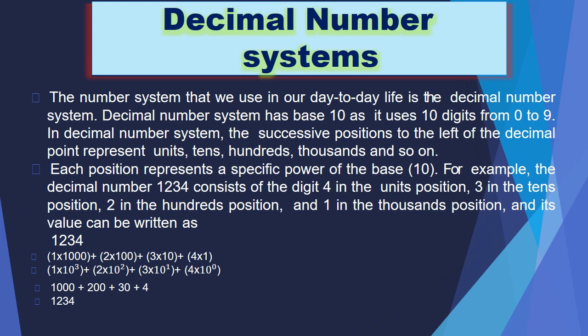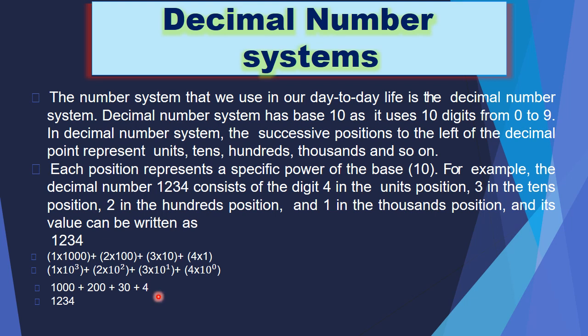The number system that we use in our day-to-day life is the decimal number system. It uses 10 digits from 0 to 9, that is 0, 1, 2, 3, 4, 5, 6, 7, 8 and 9. So how many total? Total 10.